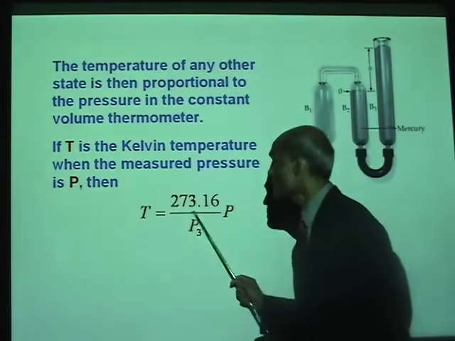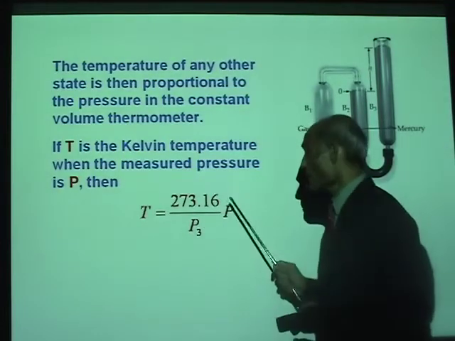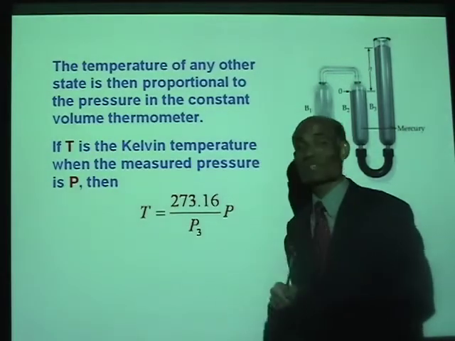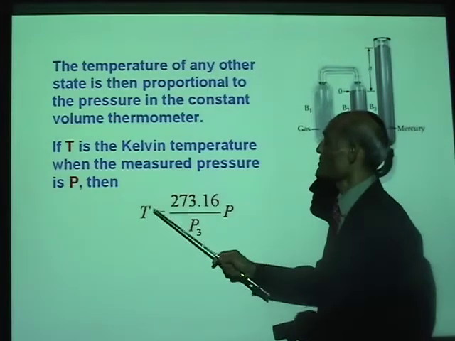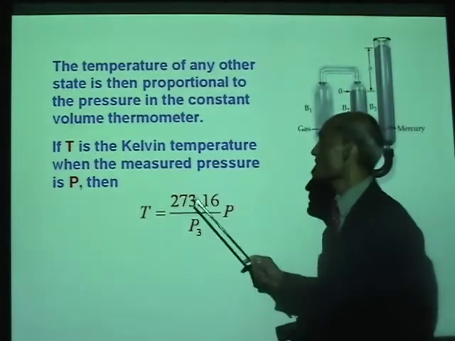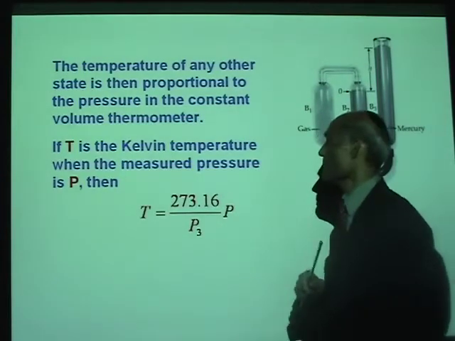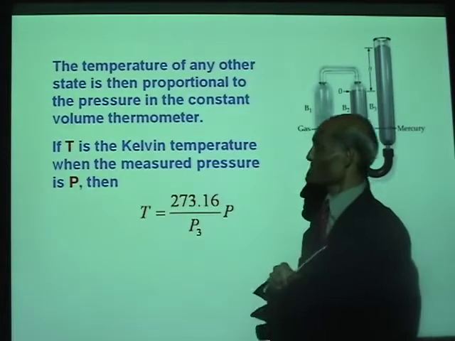So, triple point temperature divided by the triple point pressure multiplied by the pressure at that temperature. So, take a note of this equation. T equal to temperature in Kelvin equal to 273.16 over P3 multiplied by the measured pressure at that temperature.